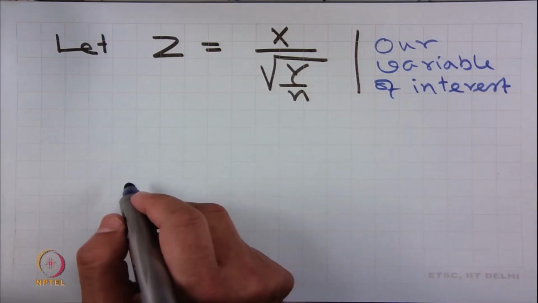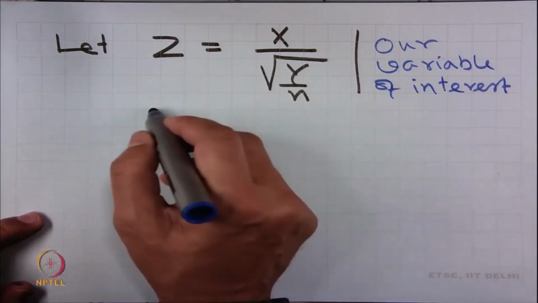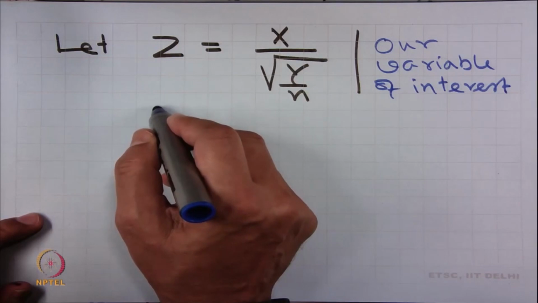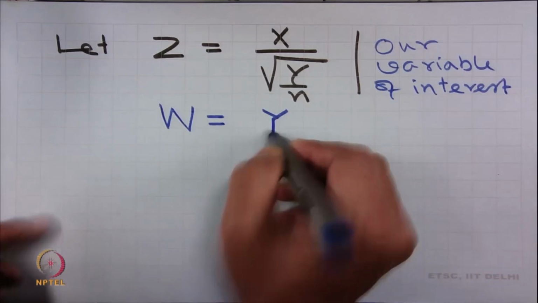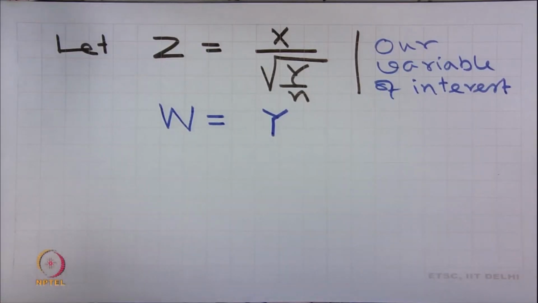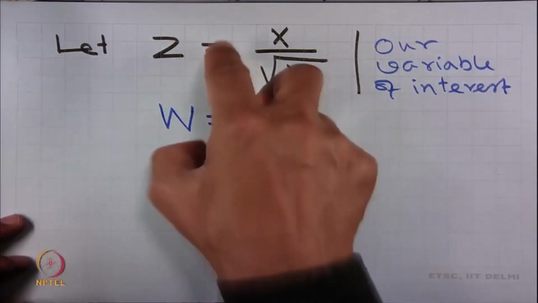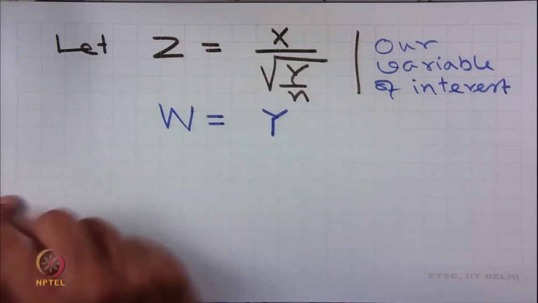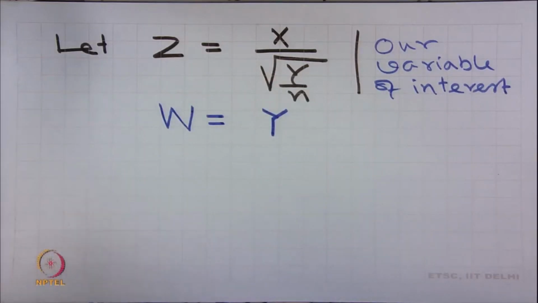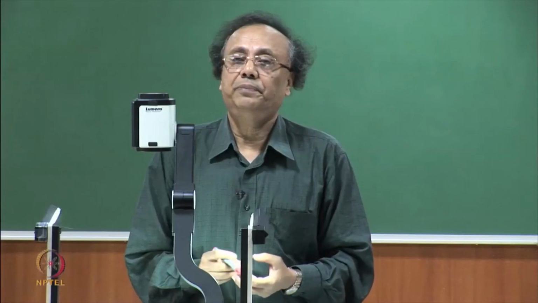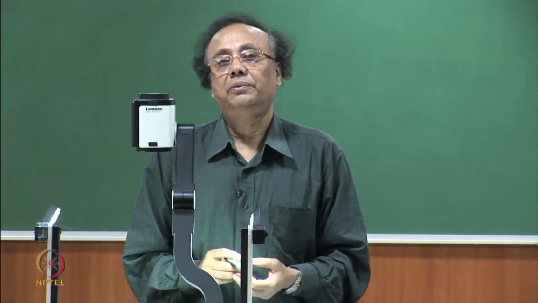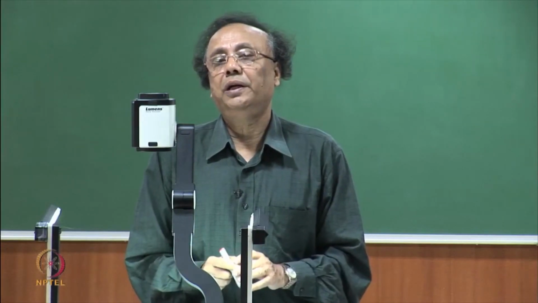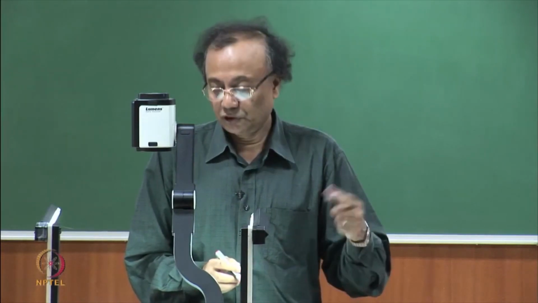In order to use the theorem, we take a dummy variable w is equal to y, because we need the transformation to a 2D plane, and then as I have shown with respect to obtaining the chi-square distribution, which is summation of two independent normal variables square.